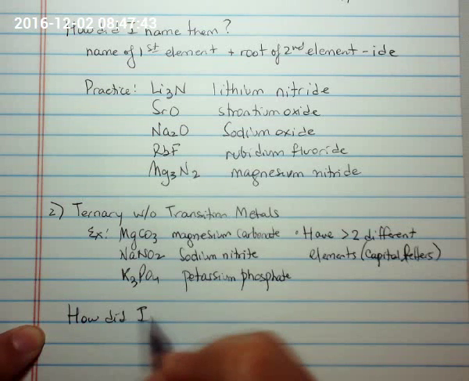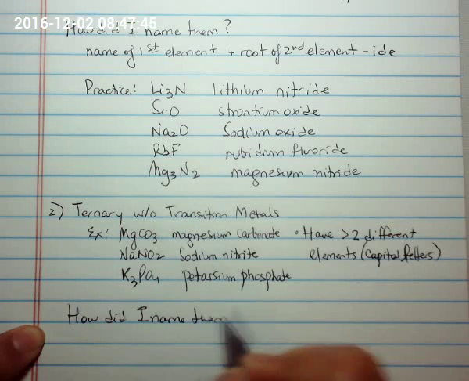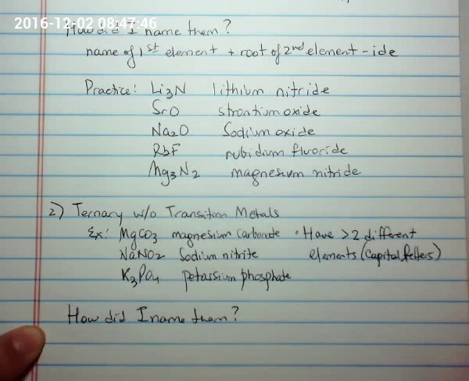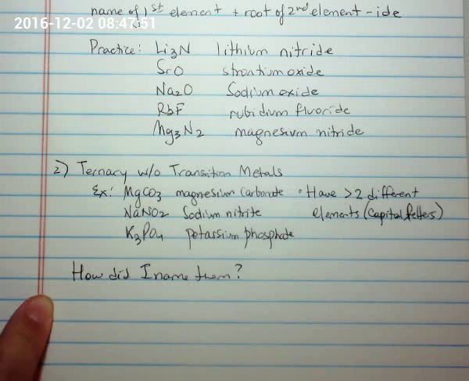How did I name them? Is that just because it's got oxygen, I just automatically put ate on the end? What did I do? Where did I get the first part of the name from?